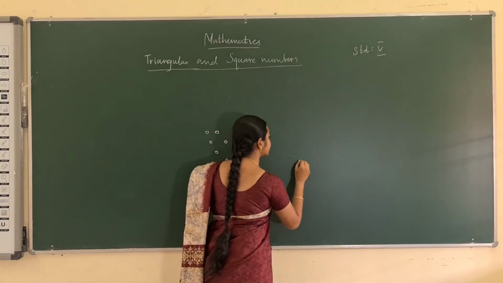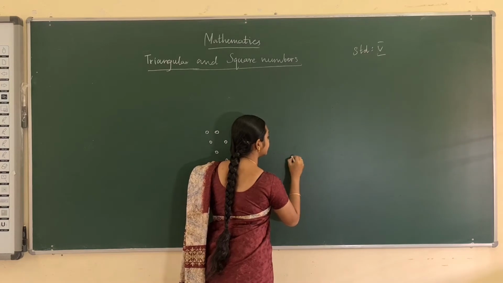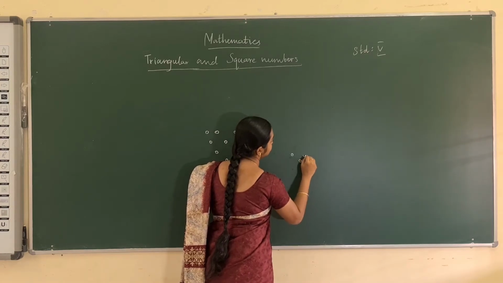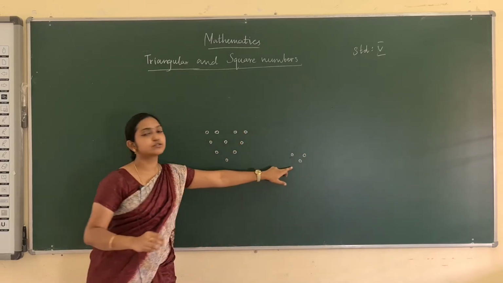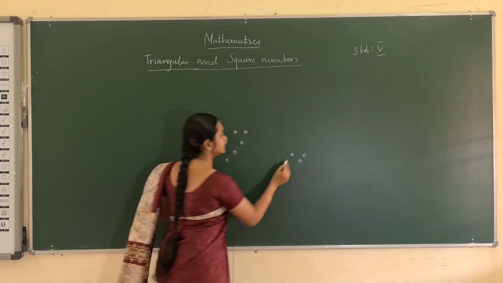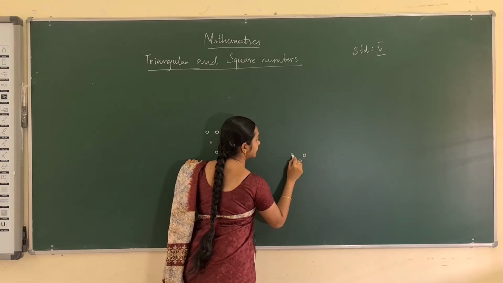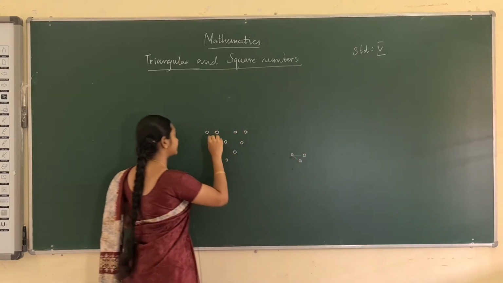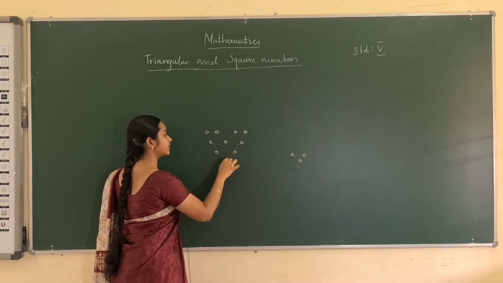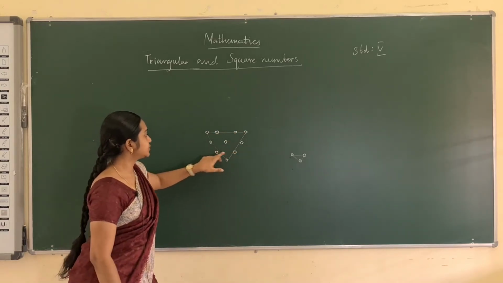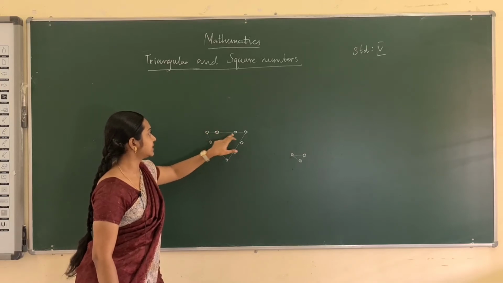She draws a triangle with 3 dots. With 3 dots also it forms a triangle. Here 1, 2, 3, 4, 5, 6, 7, 8, 9, 10.